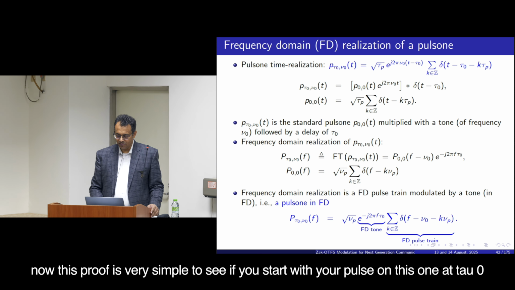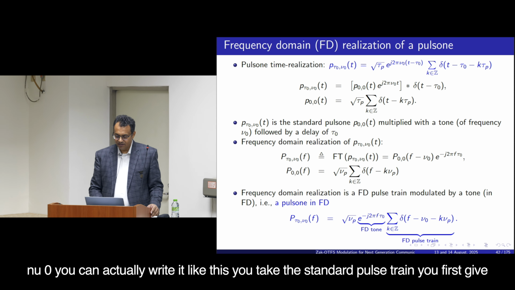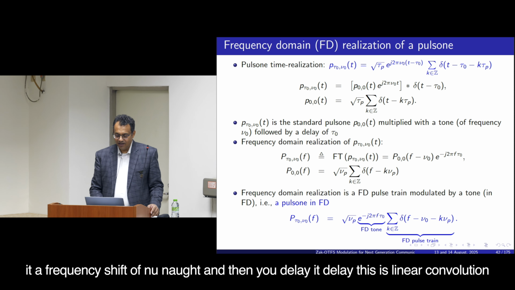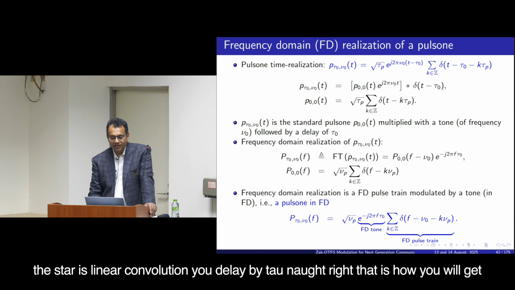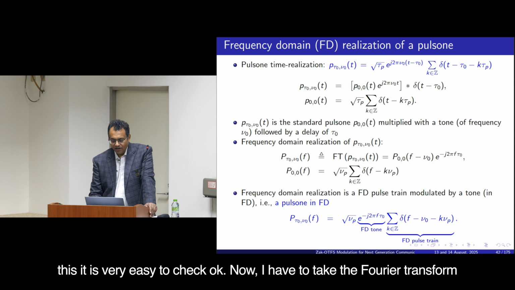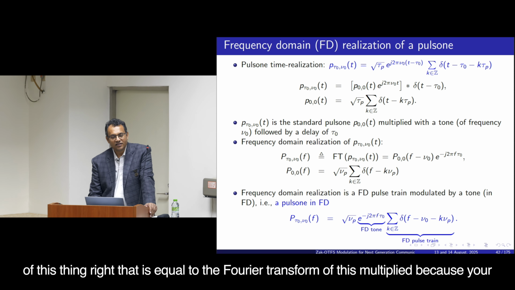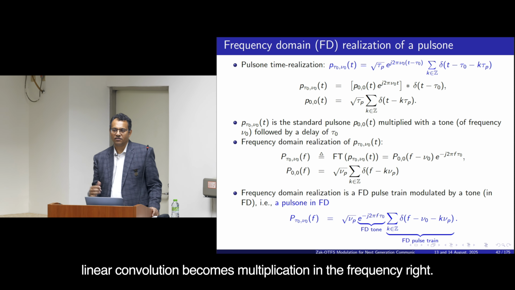You can write this pulson at tau 0, nu 0 like this: you take the standard pulse train, you first give it a frequency shift of nu naught and then you delay it. The star is linear convolution. You delay by tau naught, right. That is how you will get this, it is very easy to check. Now, I have to take the Fourier transform of this, which is equal to the Fourier transform of this multiplied, because your linear convolution becomes multiplication in the frequency domain, right.